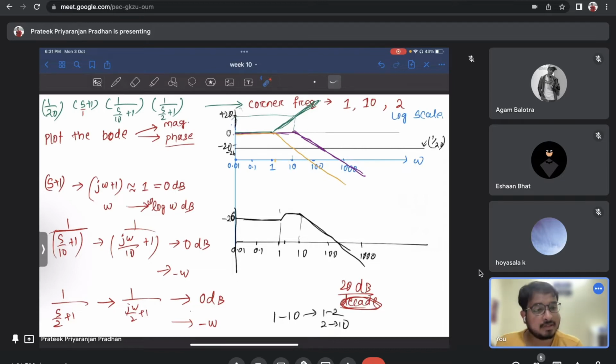Is it clear now? You can take some example also, like take some value around 5 or 6, and then take around 7 or 8, you will find it has the same magnitude. Is it clear, Agam? So after 10, another minus 20 dB per decade comes. So it was constant, then it decreased. Now it comes to how to draw the shortcut.